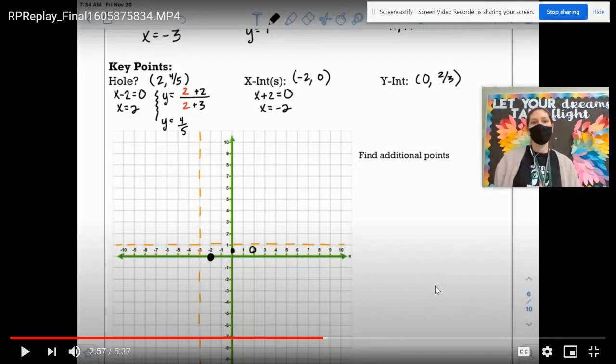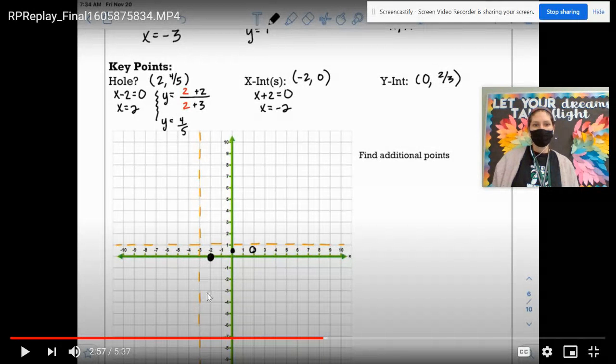Now, you do want to get some additional points. So when you're finding additional points, think about your vertical asymptote as dividing your graph into parts. So I have one part and my second part. You want at least 2 points in each region.